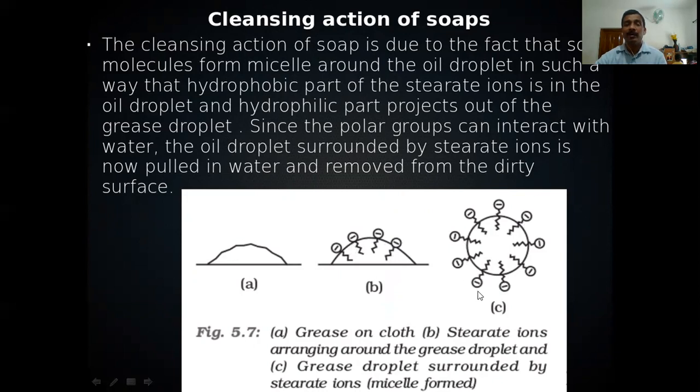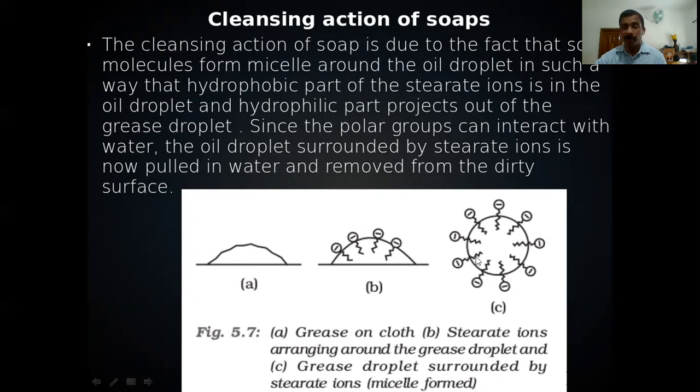So we can say the cleansing action of soap is due to the fact that soap molecules form a micelle around the oil droplet in such a way that the hydrophobic part of the stearate ion is in the oil droplet. The nonpolar part will dissolve in this oil droplet and the hydrophilic ionic part projects out of the grease or oil droplet.